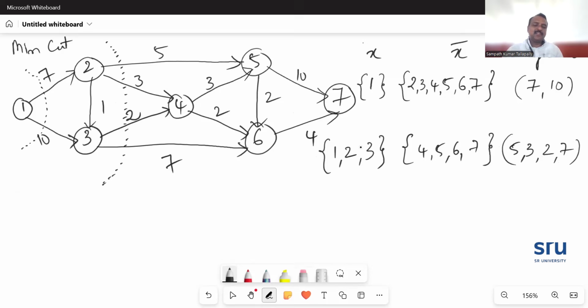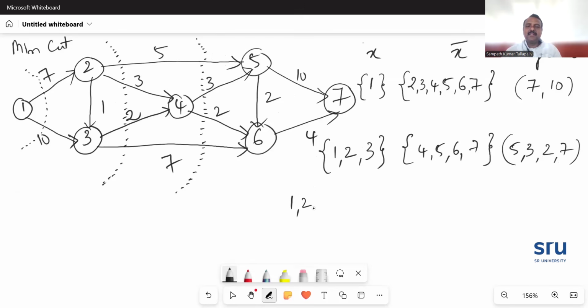Now we'll go for another option here. I can also have a cut here. So if I have a cut there, what are the elements I have now?